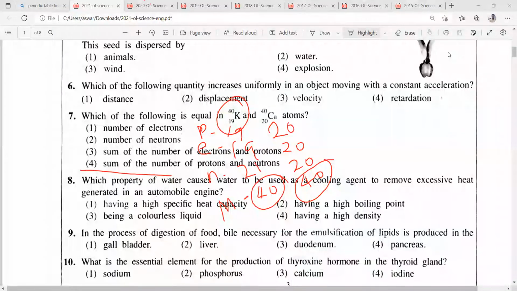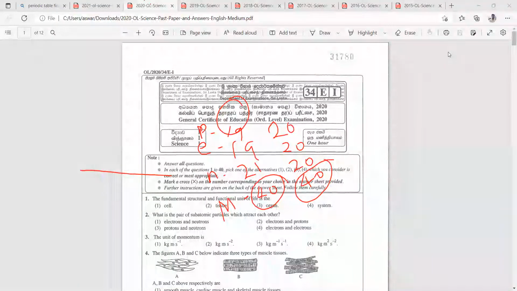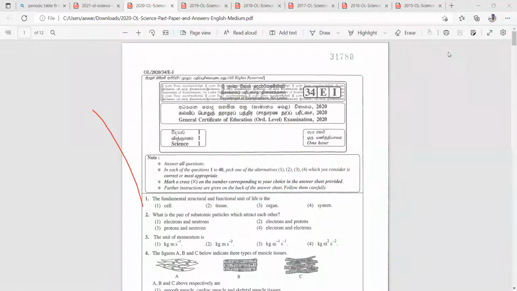Right. 2020 paper. We search if there are any questions according to this.